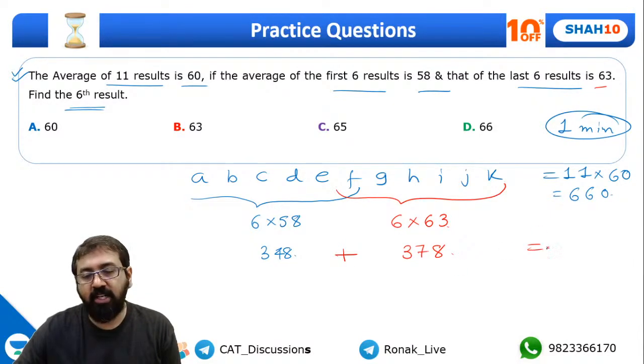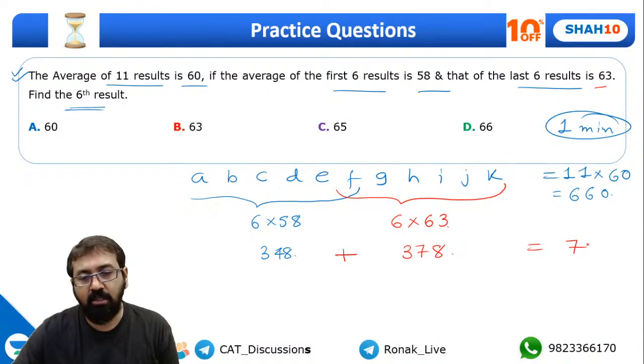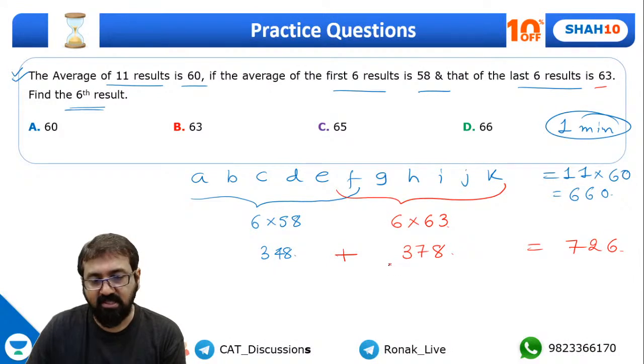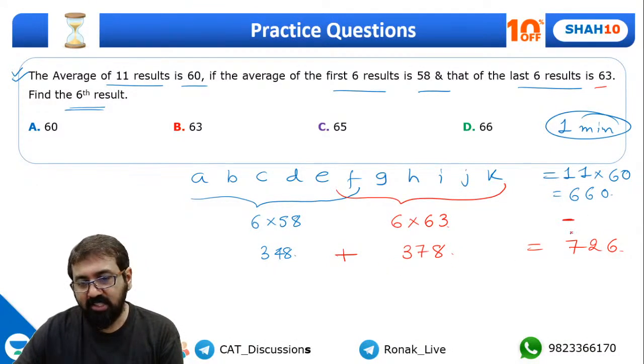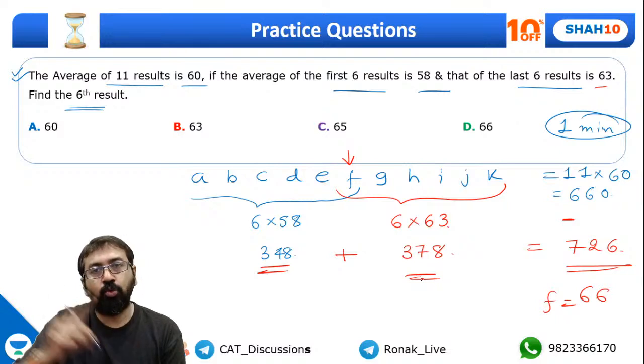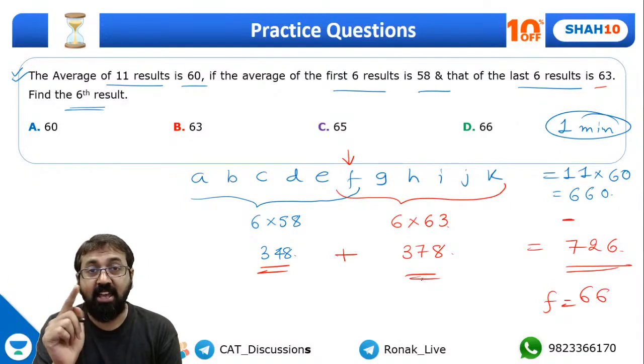Now you just add these two. It will come out to be 726. Yes or no? This will be 726. So what is this difference? It is nothing but 66, that is nothing but the value of F. Because in these two totals, A to K, each is coming once and F is coming one more time.